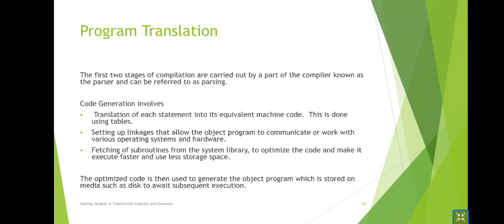If they don't make sense, then you get an error. And the third phase of translation is generating the executable code. That code translates each statement into equivalent machine code. Remember, we have mentioned that one statement in a high-level language can result in many machine code statements.